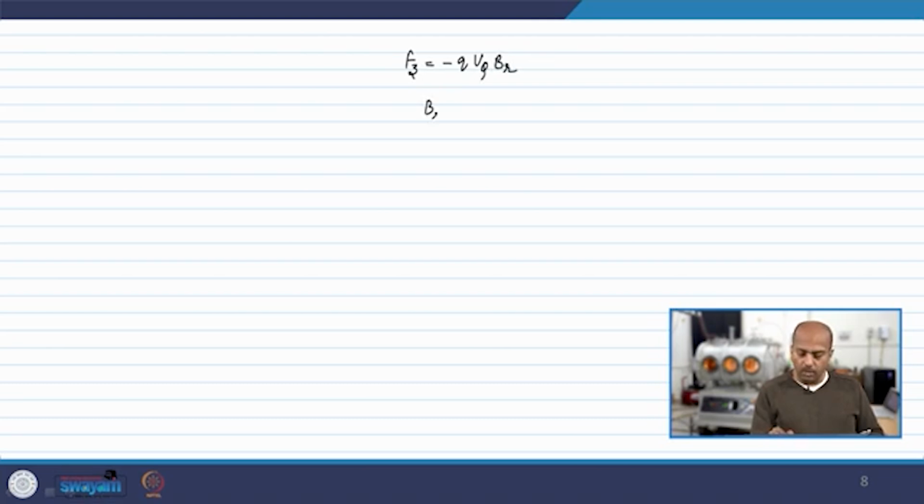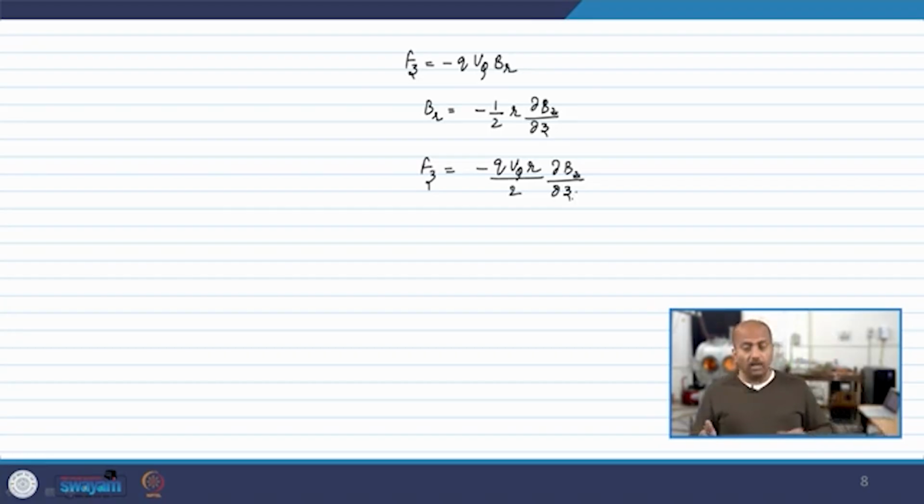We know Br as minus half R dou Bz by dou z. So, Fz is minus q V phi R by 2 dou Bz by dou z. So, this minus comes because of the charge q, let us say.